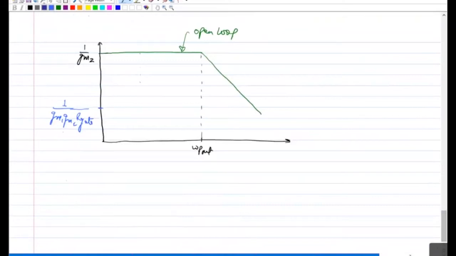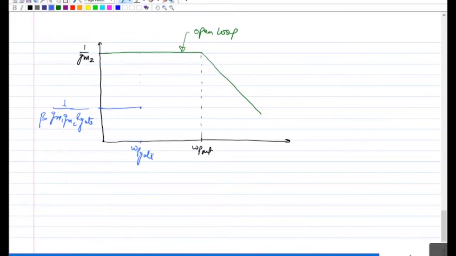So if this is your omega p gate, it will remain flat. So what would happen after omega p gate? It will start increasing or decreasing? It starts increasing, right, for omega p gate dominant.